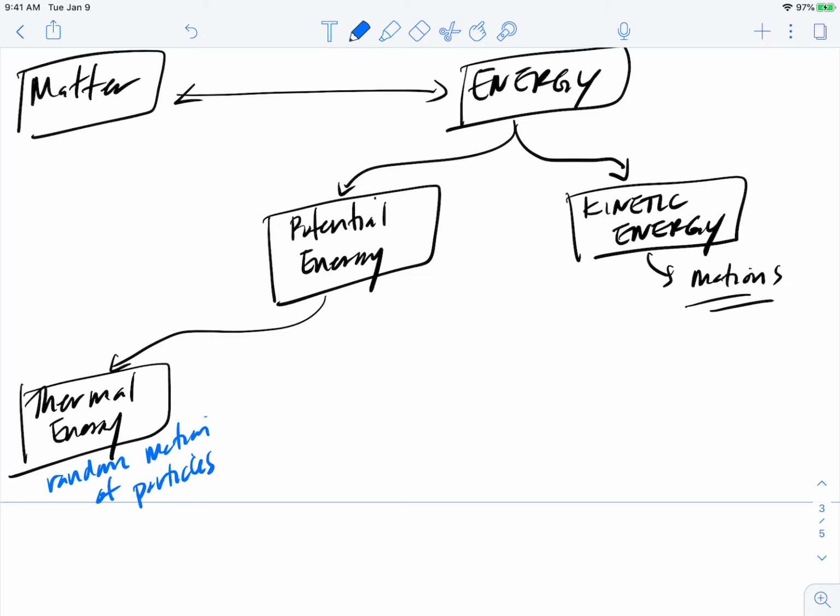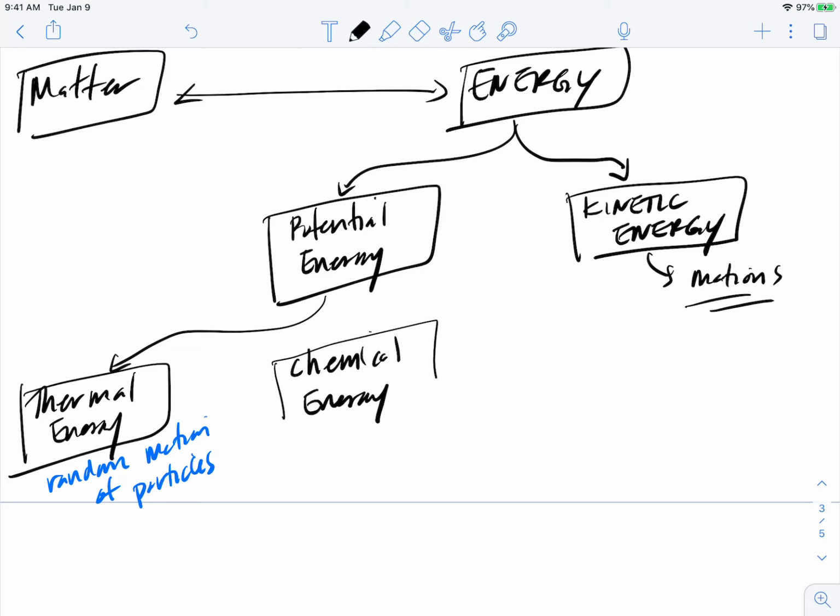And so we could also have chemical potential energy. And so when we look at interconversions, we can have chemical energy converted to thermal energy.